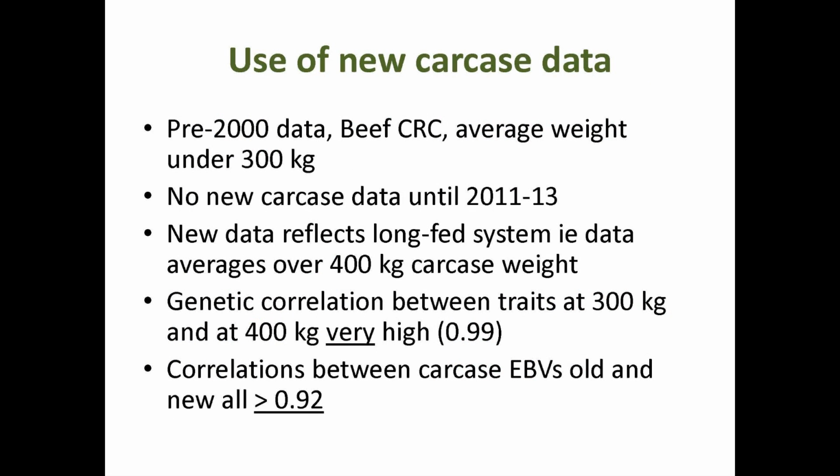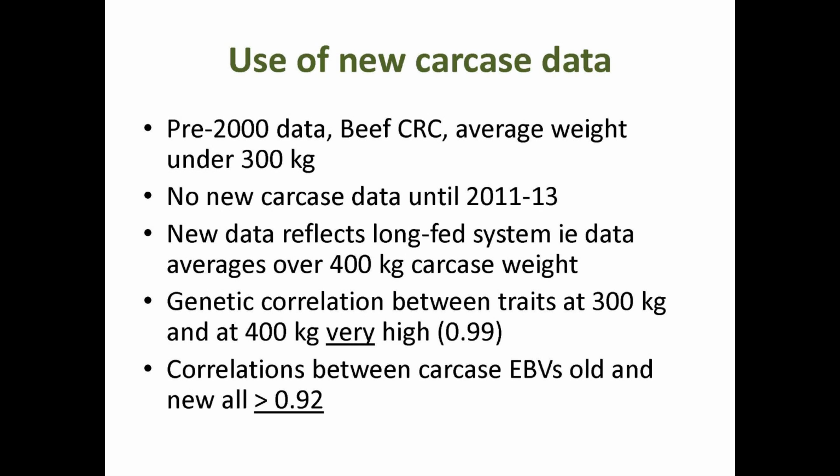I just want to comment briefly on the carcass data because I'm sure your members have been thinking about it quite a bit, and there are a couple of really important messages in it. The first thing I've said there: the data that was previously being used and that fed into the Angus BREEDPLAN up until this update was all coming from pre-2000.